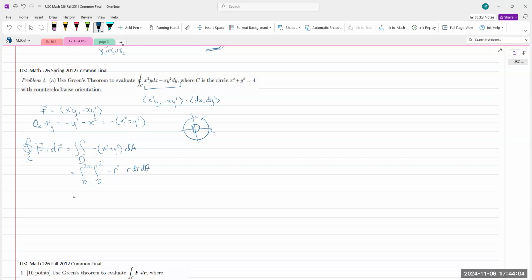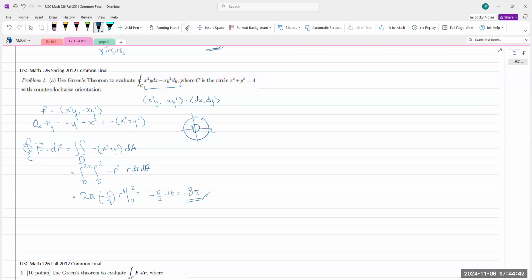Independent of theta, the domain is a rectangle. So 2 pi, and then r cubed becomes 1/4 r to the 4th, pulling the negative out, from 0 to 2. That will be negative pi over 2 times 16, that's negative 8 pi. Oh, we are done.